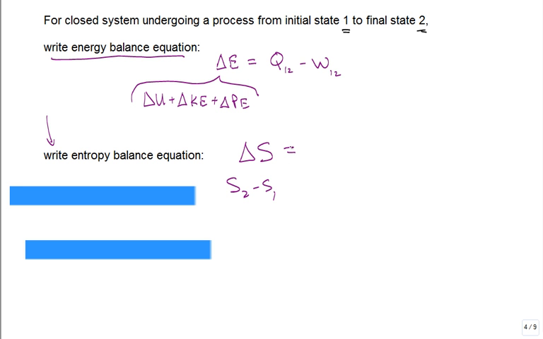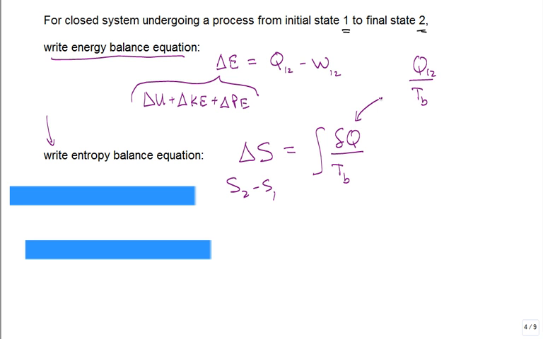All right, but how can it increase? How can the entropy go up with the heat transfer that brings in entropy? So a lot of people wrote an integral of delta Q divided by TB. True. Some people wrote Q 1 to 2 divided by TB.